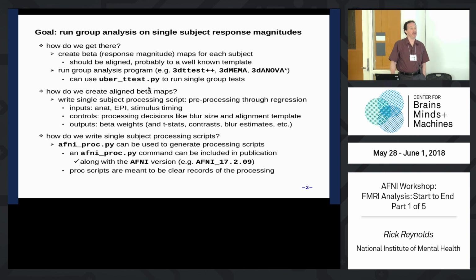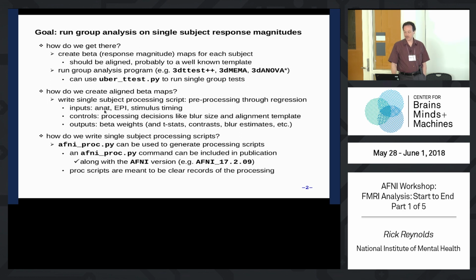So how do we get there? How do we create these aligned beta maps? To do that, we write a single subject analysis processing script. In our case, one script will do pre-processing through linear regression.